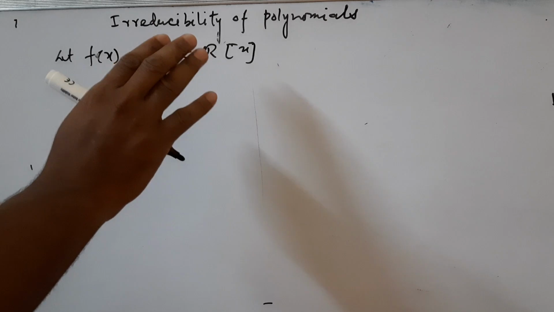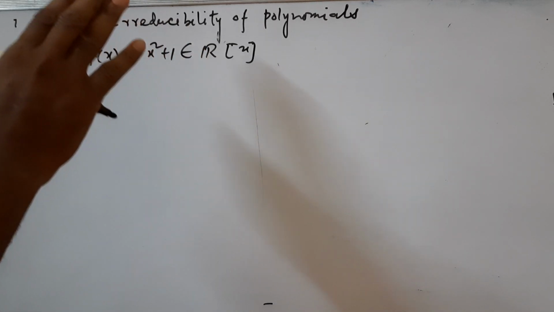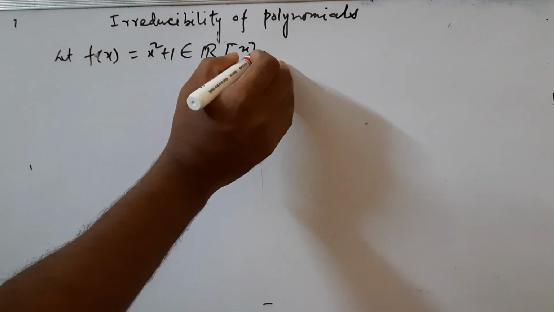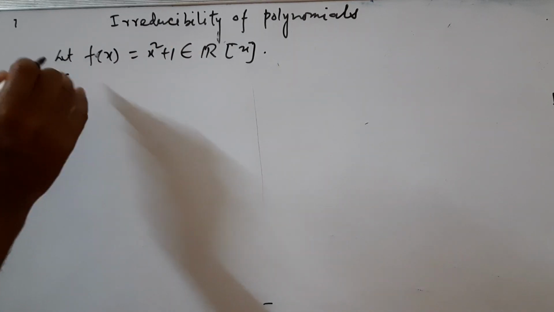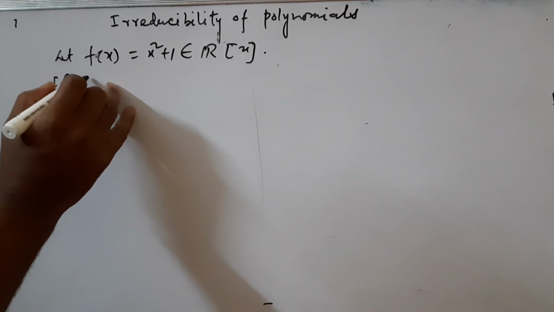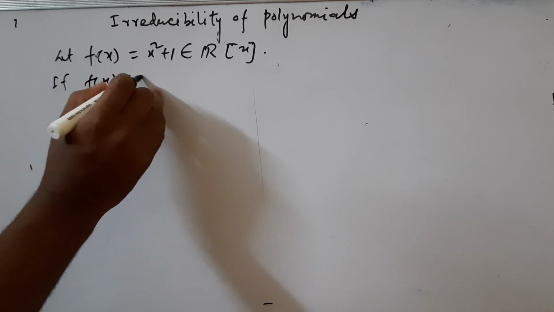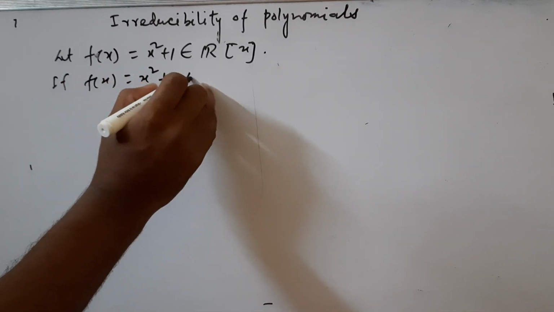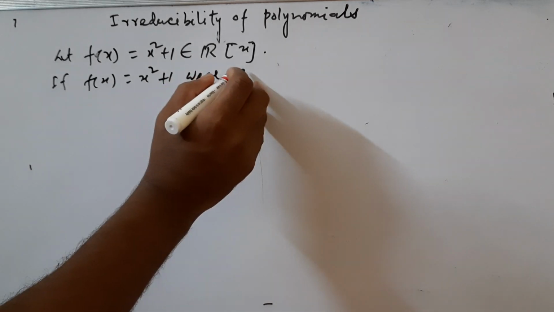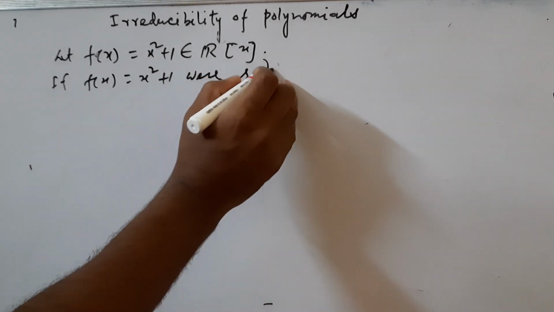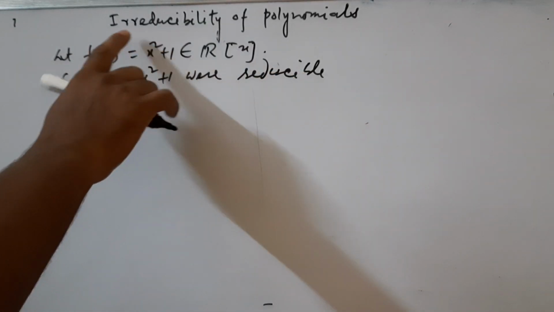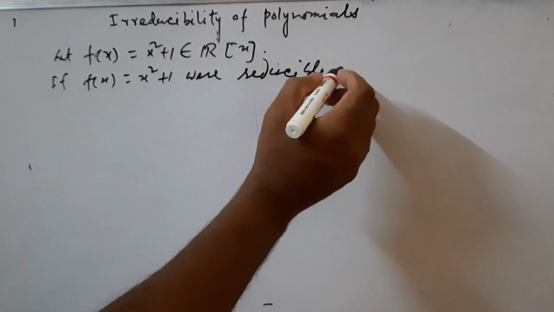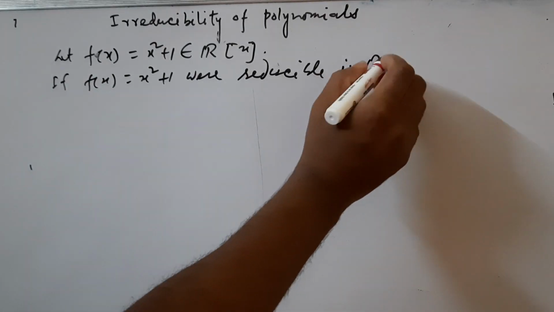To confirm this, suppose that f(x) equal to x square plus 1 were reducible, meaning not irreducible, in R[x].